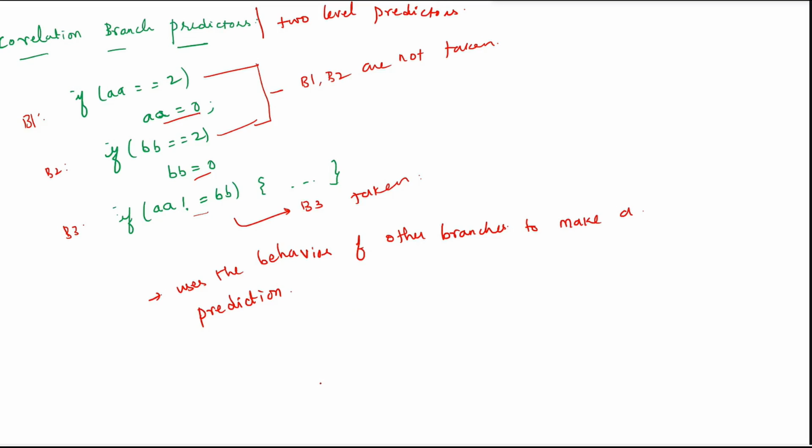What is the two-level here? Normally we represent it as m comma n.